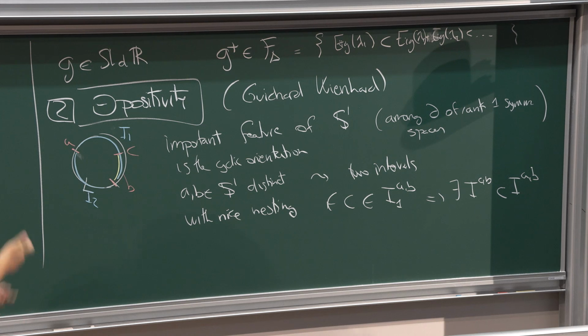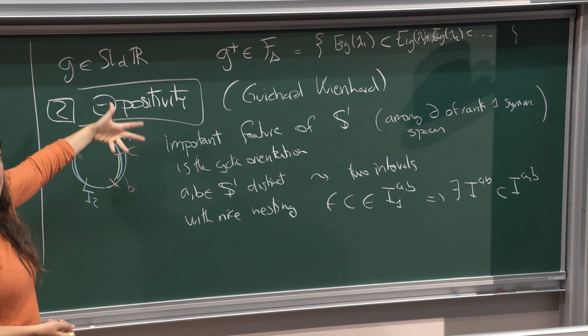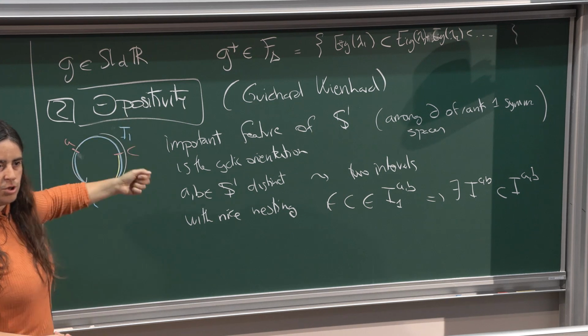And this is very good because it lets you play with the cyclic ordering and do a lot of things. For example, it tells you that sequences will have to converge. That's the monotonicity that tells you things will converge.